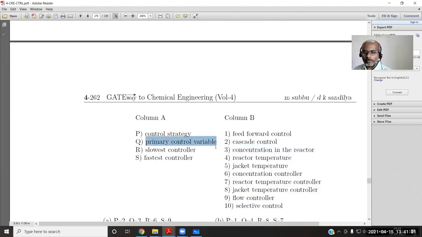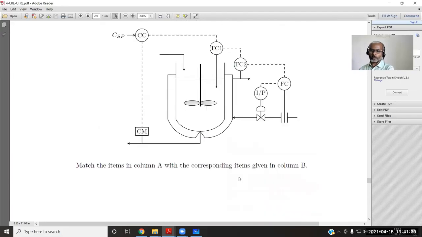The primary control variable is concentration, and the slowest controller is the concentration controller. Because how do you measure a concentration? In this automated system, we measure using GC or HPLC or whatever; normally these systems are used.